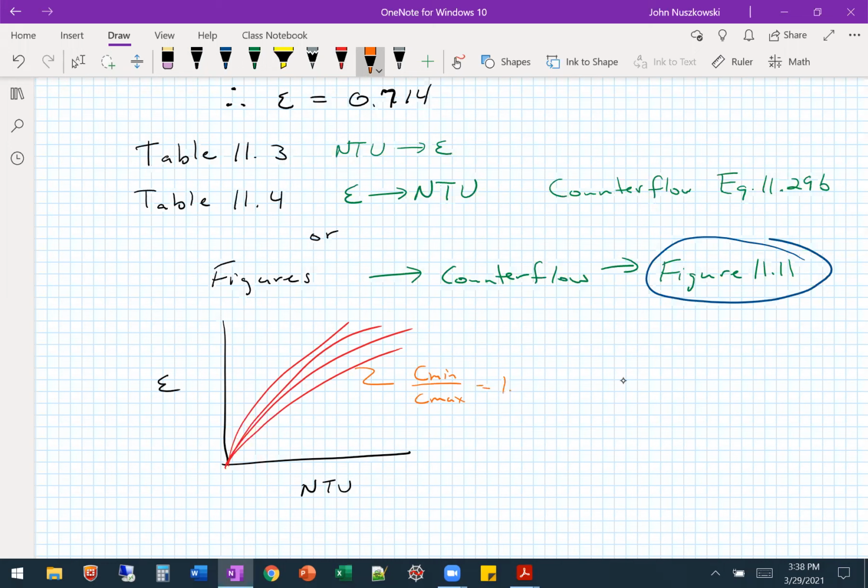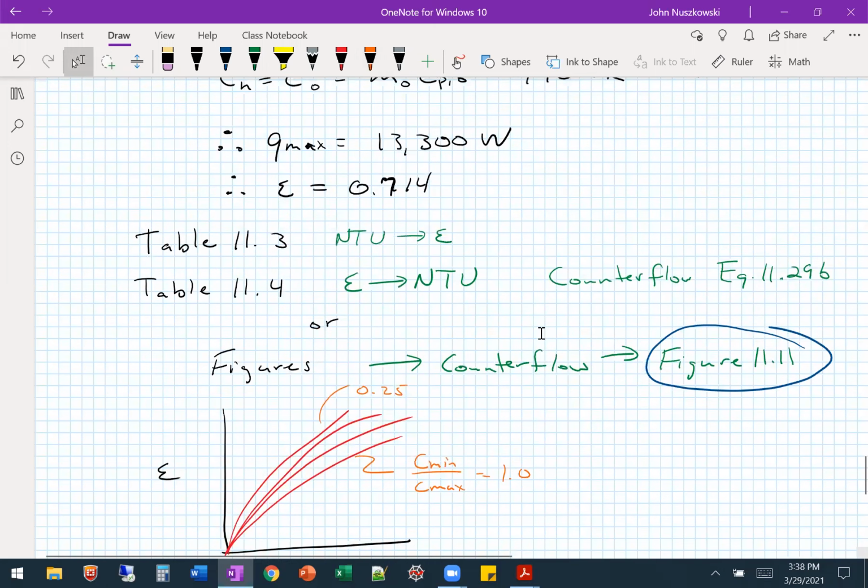So that one's 1. This one's 0.25, and they're all labeled different ones. So we know effectiveness, right? So we'll basically have to go find our effectiveness. We need to get our minimum heat capacity ratio over max, and then we can use that to get our NTU.